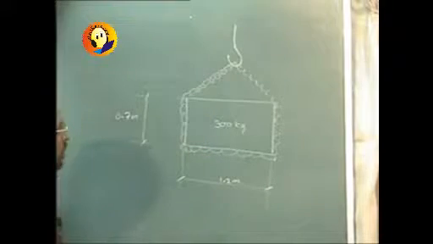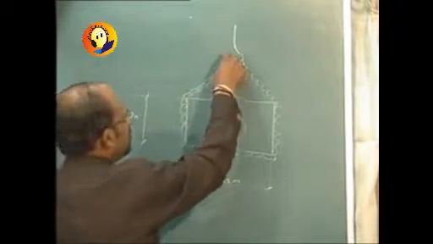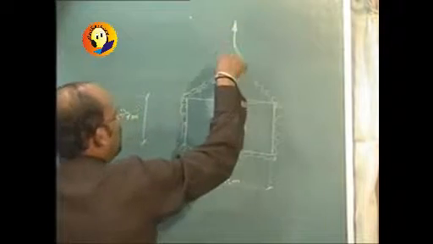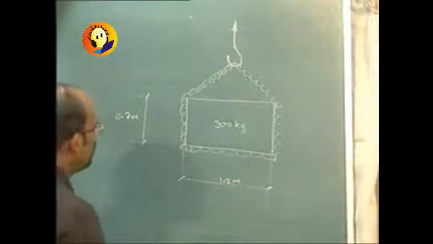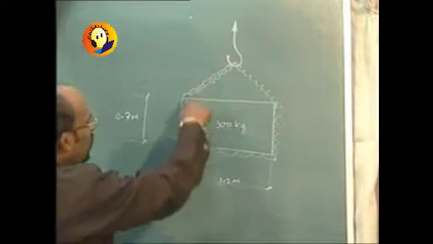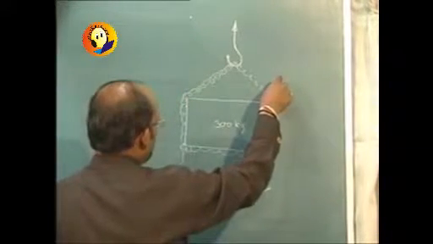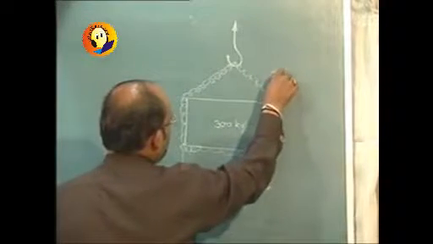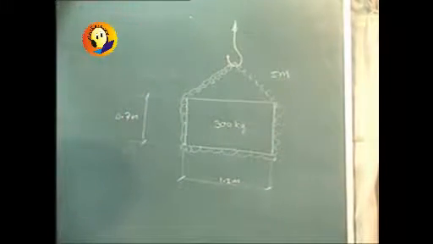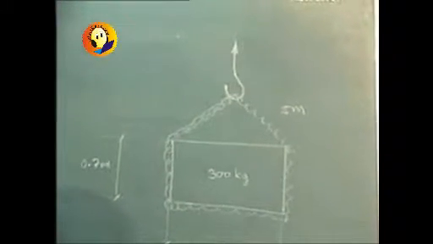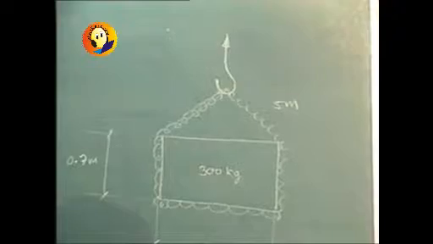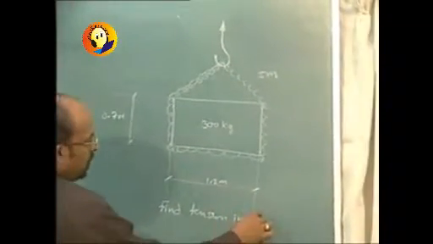And then lifting it. So there is a chain attached and this is going to be lifted. It is given that the length of this chain is 5 meters, and we are required to find the tension in the chain.